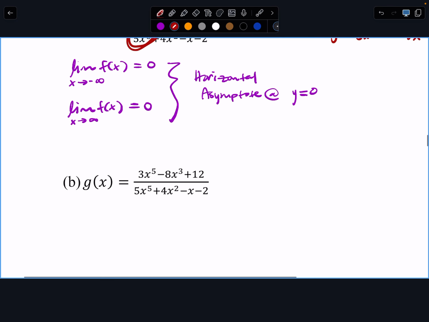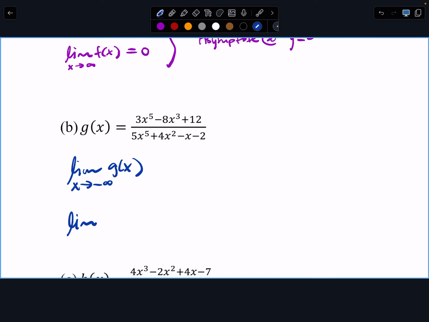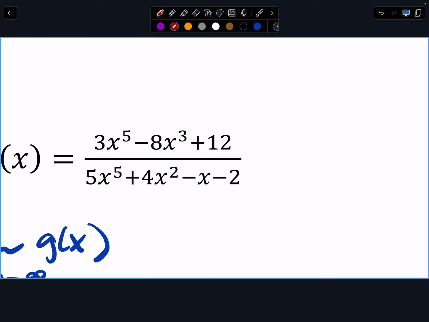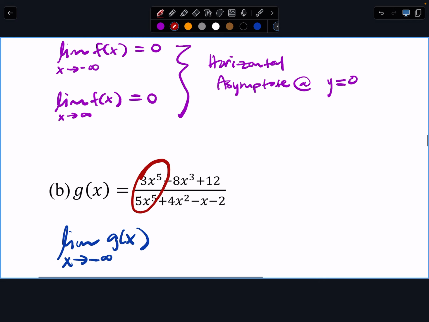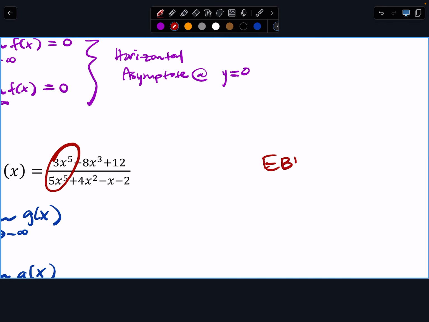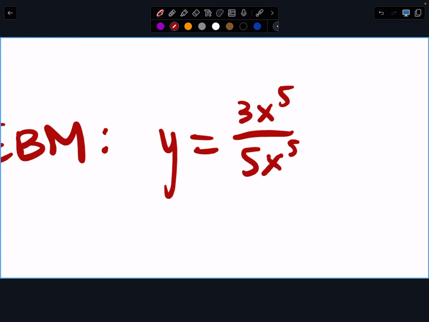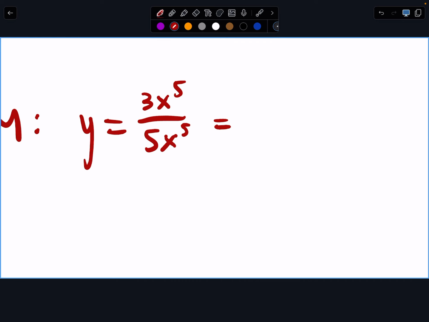Okay, and again, my end behavior model came from taking that ratio. In the function g of x, we're also thinking limit as x approaches negative infinity and positive infinity. Our end behavior model here, looking at the numerator, the term that would dominate as x gets infinitely large or small would be 3x to the 5th, and in the denominator would be 5x to the 5th. So the EBM, which is side work, not graded work, would be 3x to the 5th over 5x to the 5th. What does that simplify to? 3/5.